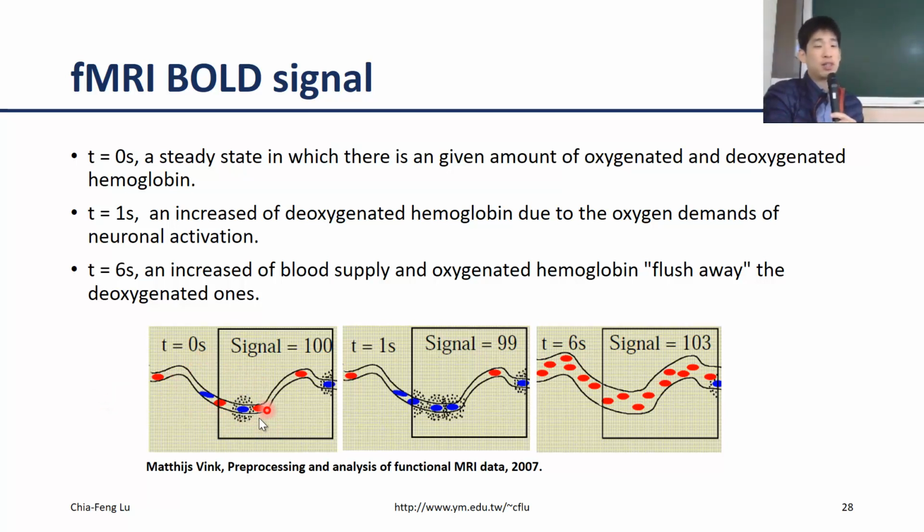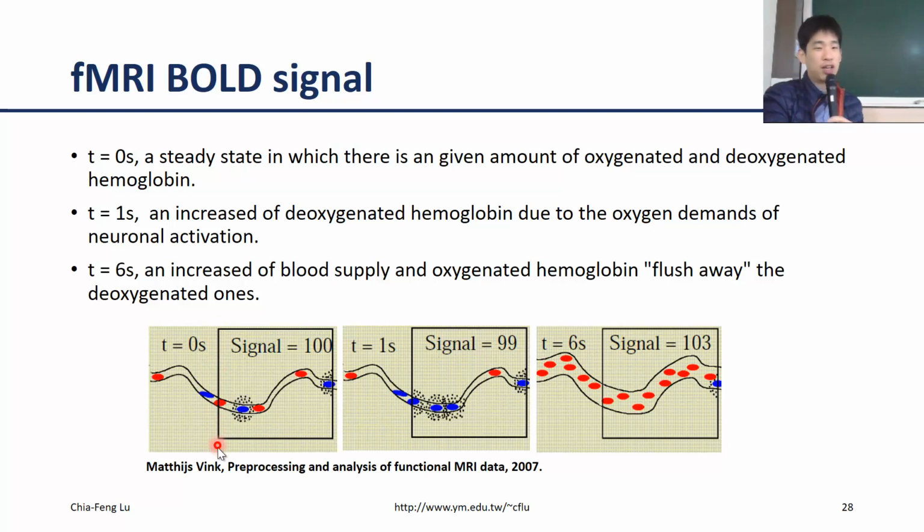So you can see the red ones are the oxygenated hemoglobin. The blue ones are the deoxygenated hemoglobin. In this voxel, we take this square area right here to represent a voxel in your image.